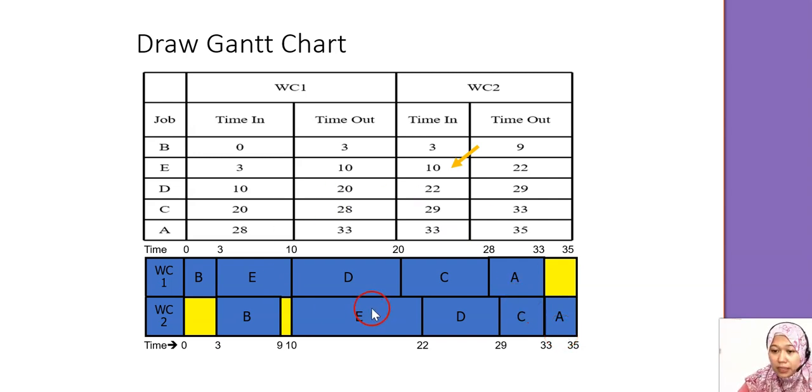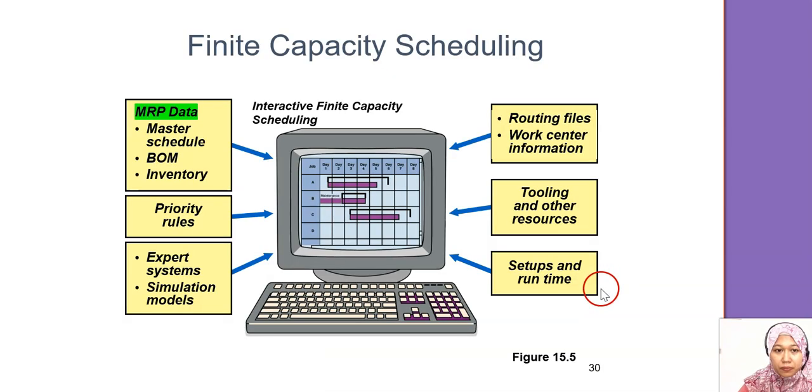So we have completed the Gantt chart. So this one we need to put in a different shade or color to show that these are the idle time.